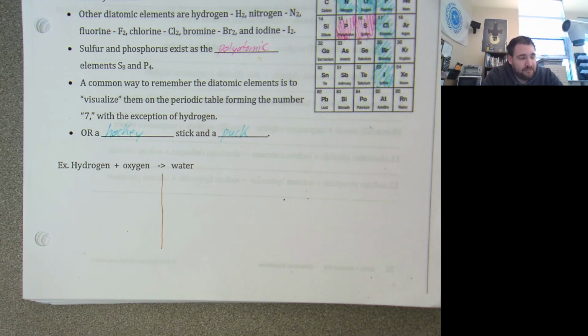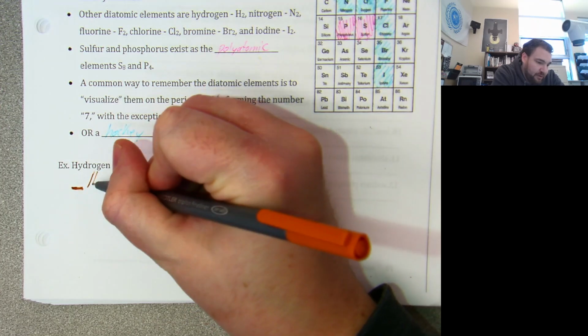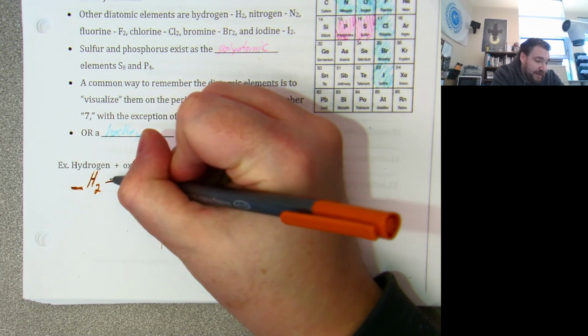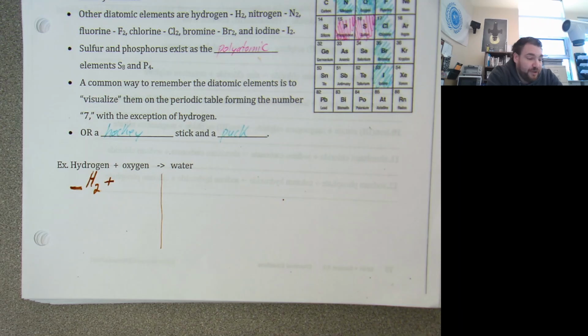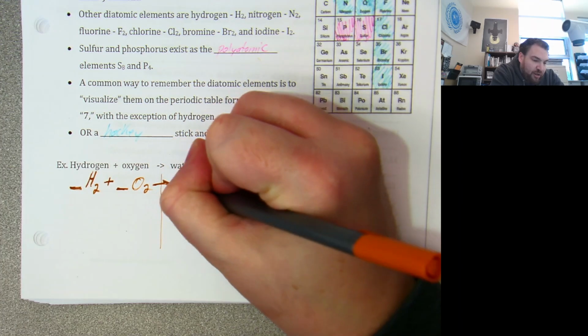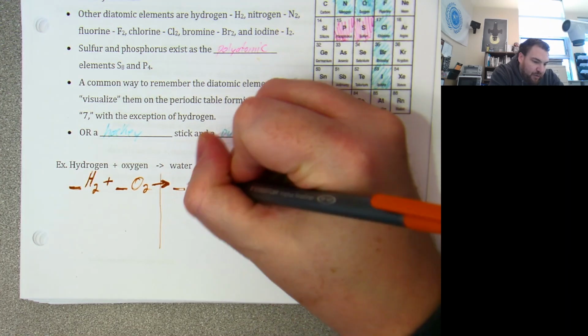It's one of the 7. So when I'm creating the skeleton equation for hydrogen plus oxygen gives me water, hydrogen isn't going to be H, it's going to be H2. Oxygen isn't going to be O. It's one of the few that you need to remember is O2. And all of you should know that water is H2O.